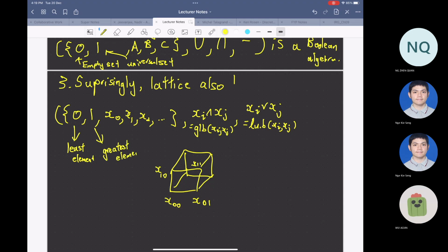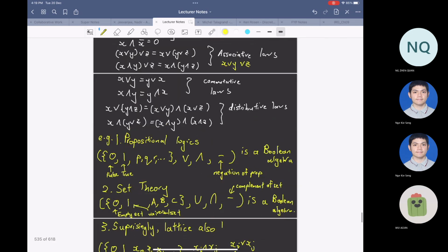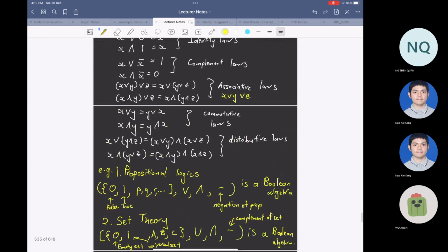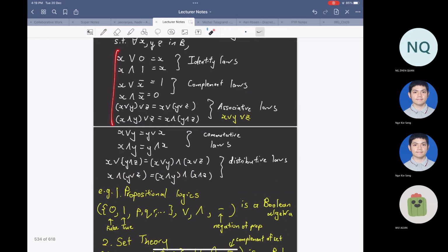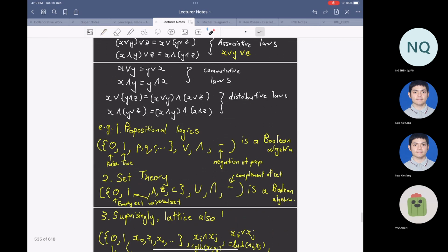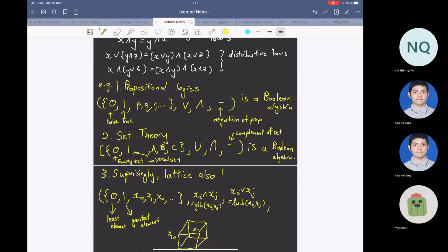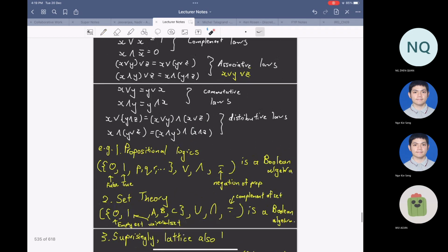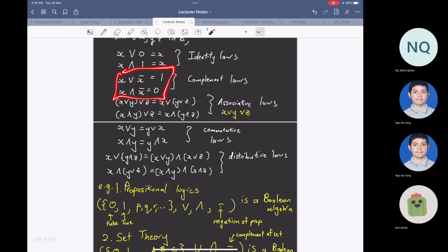Okay. Of course, this is not trivial. You have to show it. This actually satisfies these 1, 2, 3, 4, 5 laws here. Okay. You need to show that with this definition, when you compute all these, they are true. And then for the bar operation, you need to find the element such that these two equations here hold.